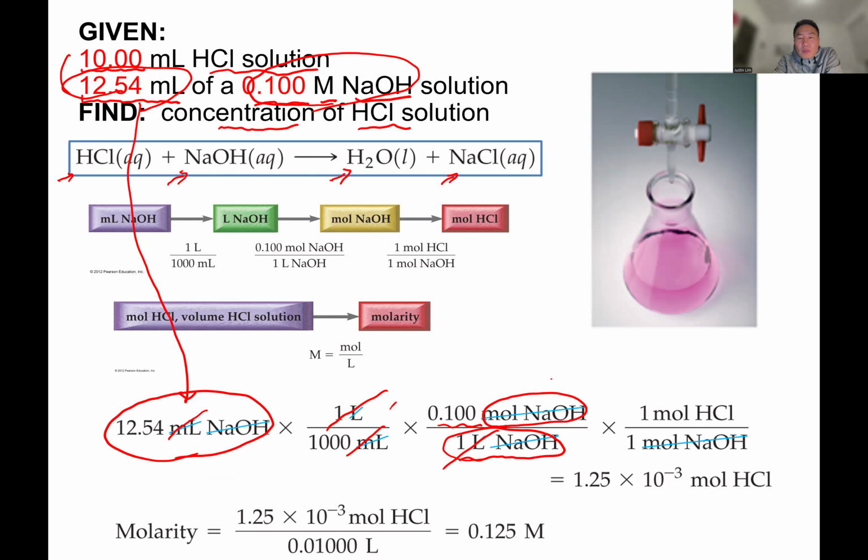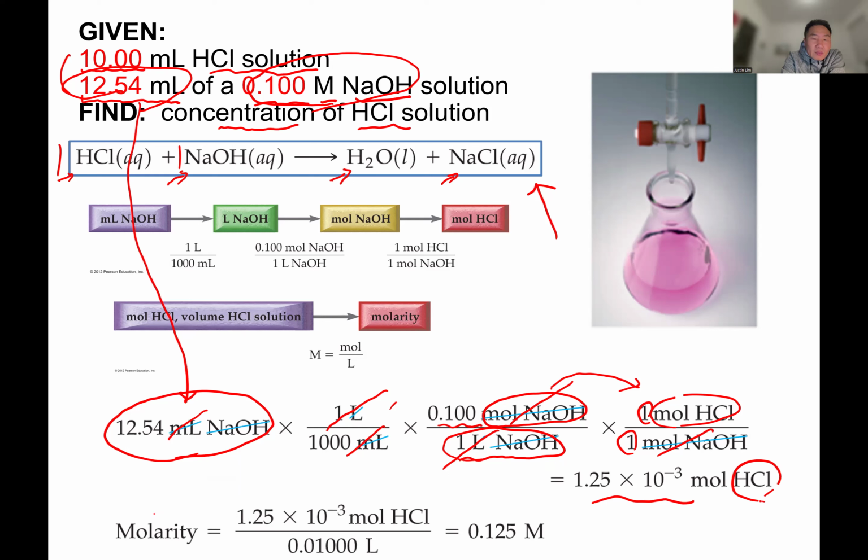So convert moles NaOH to moles HCl. We need the mole ratio from the chemical equation. To get the mole ratio, you need to create the balanced equation. So 1 mole of hydrochloric acid reacts with 1 mole of NaOH. So 1 to 1 ratio, so moles cancel out. You can get moles of HCl.